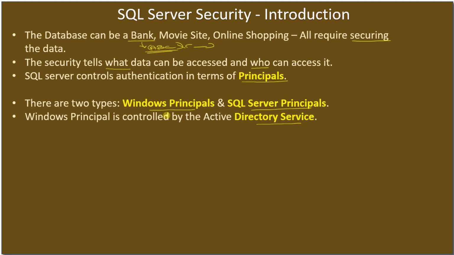All these things are maintained by Active Directory service, and a user who belongs to that Active Directory service is called a Windows principal. In SQL Server, you can log in using your Windows domain, and that is called a Windows principal. The user account that belongs to the Windows Active Directory service, AD service, we can simply call it, and the user who belongs to the AD service is what is called a Windows principal inside SQL Server.